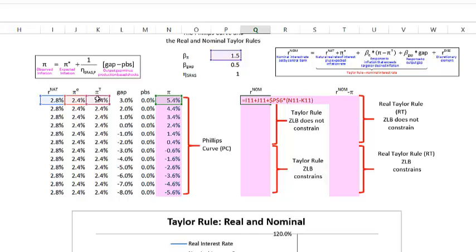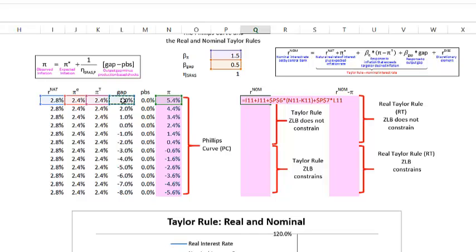So you can see that in this case, the target rate of inflation is below the actual rate of inflation. But we're not done yet, because we also have to put in the response to the output gap. So we're going to put in this coefficient, and we're going to nail it down, and then we're going to multiply times the output gap, which we've already assumed in this case to be 3.